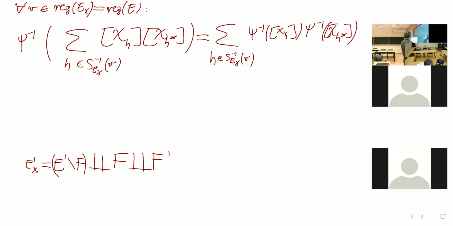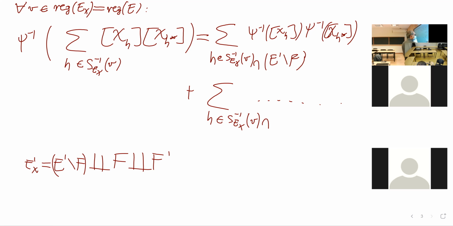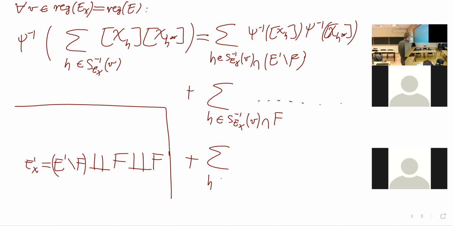First I intersect with the easiest part, which is E1 without F. Then plus, I will not repeat what I sum here, but now I have a sum with H running as the preimage under SEX of V, this time intersected with F. And finally, I have a sum over H running over the preimage under SEX of V, but intersected with F prime.